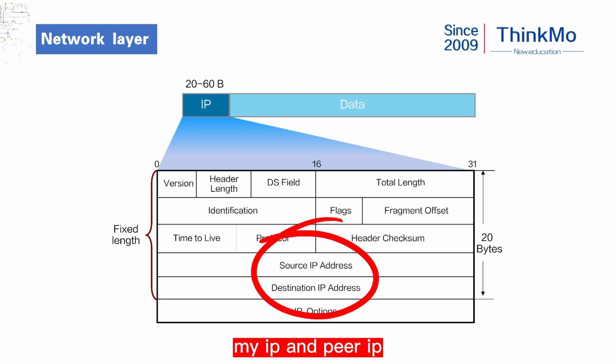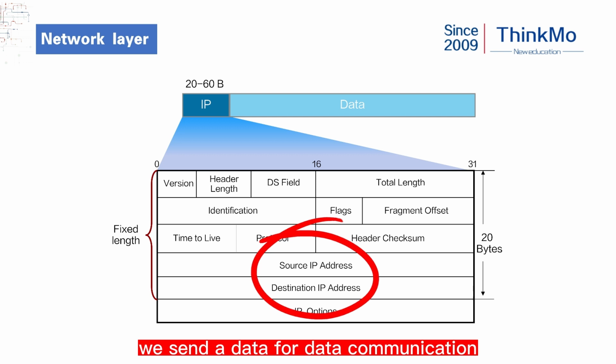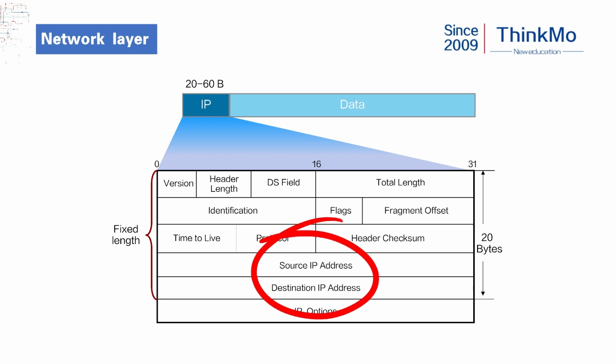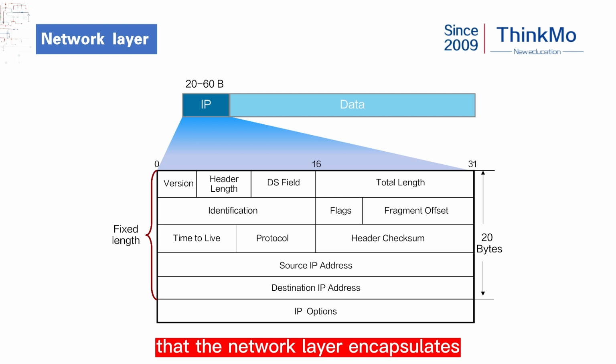Say 2 devices: I am 1.1.1.1, the peer is 1.1.1.2. We send data for communication. This is a piece of data that the network layer encapsulates.